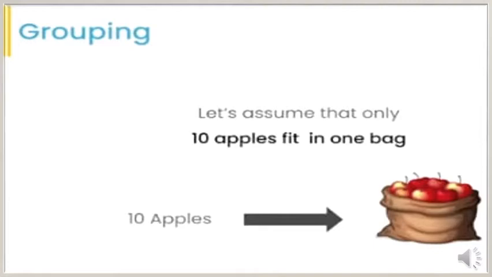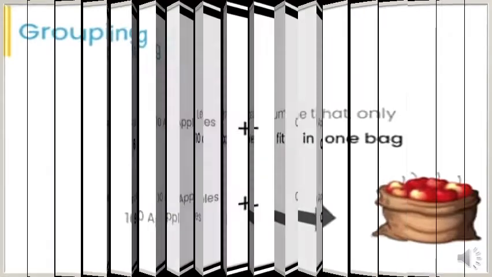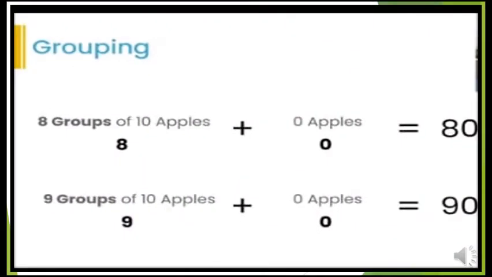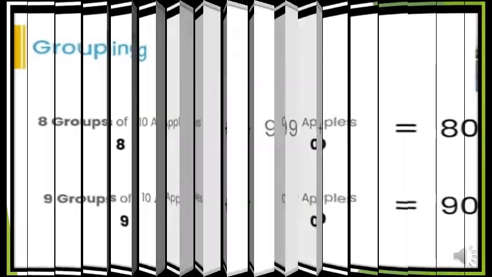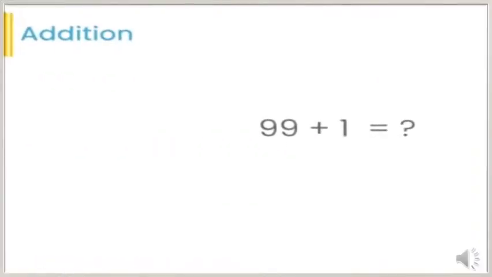One bag contains 10 apples. With this grouping we have started representing numbers, many numbers like 80 and 90. So we can represent 8 groups of 10 apples plus 0 equals 80. Next, 90 means 9 groups of 10 apples plus 0 equals 90. These are examples of grouping.